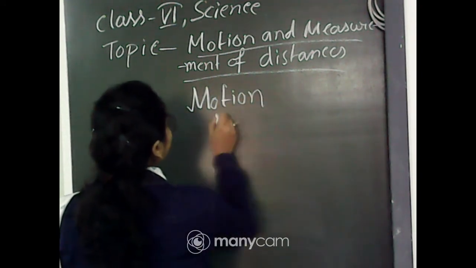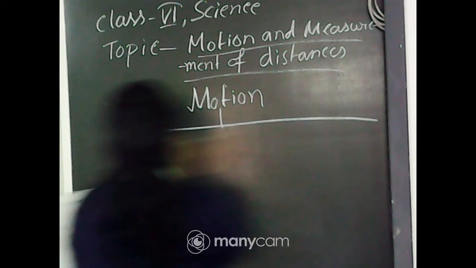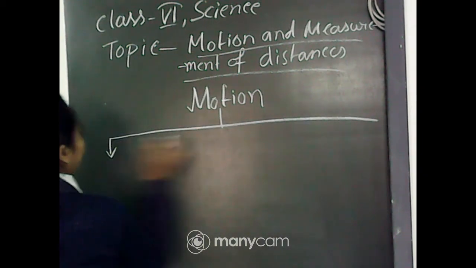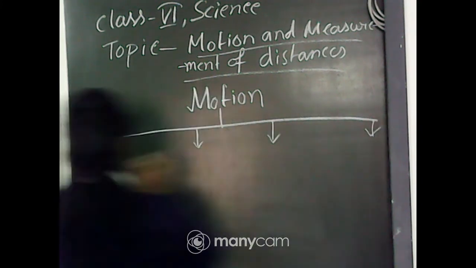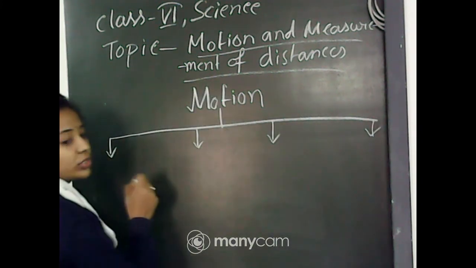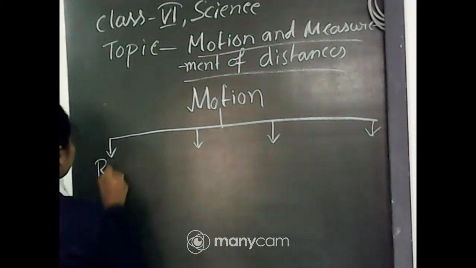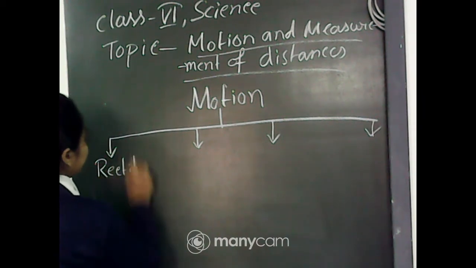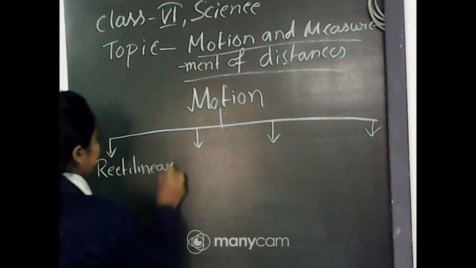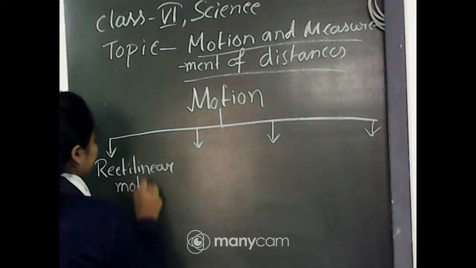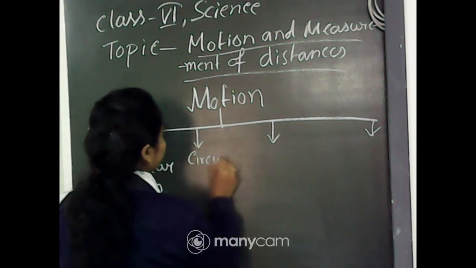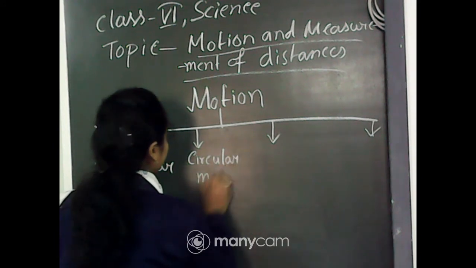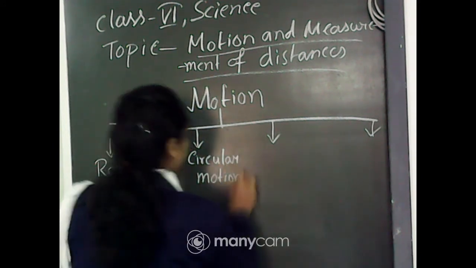I will describe each type of motion, and also I will tell you the example of each motion. The first type of motion is called rectilinear motion. The second one is circular motion.